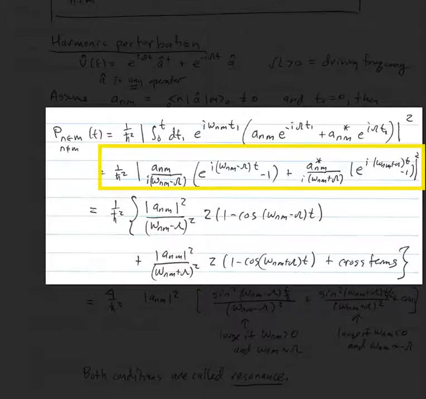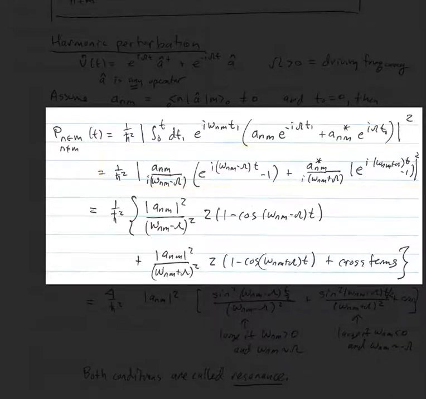When we work that out for these two cases, we'll get 1 over h bar squared, the modulus squared of a_nm over i(omega_nm minus Omega), e to the i(omega_nm minus Omega)t minus 1, plus a_nm star over i(omega_nm plus Omega), e to the i(omega_nm plus Omega)t minus 1, that whole quantity, and then the sum of those two terms modulus squared.